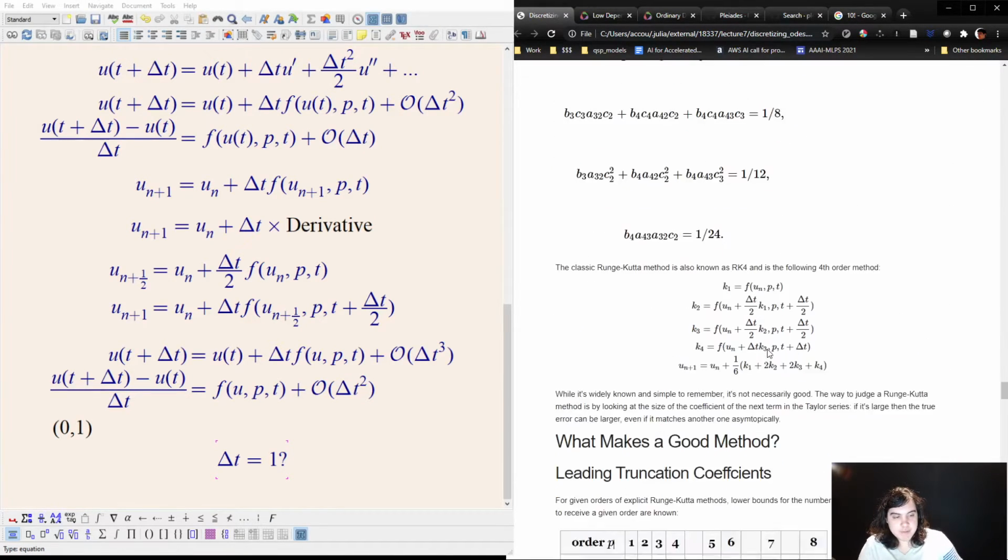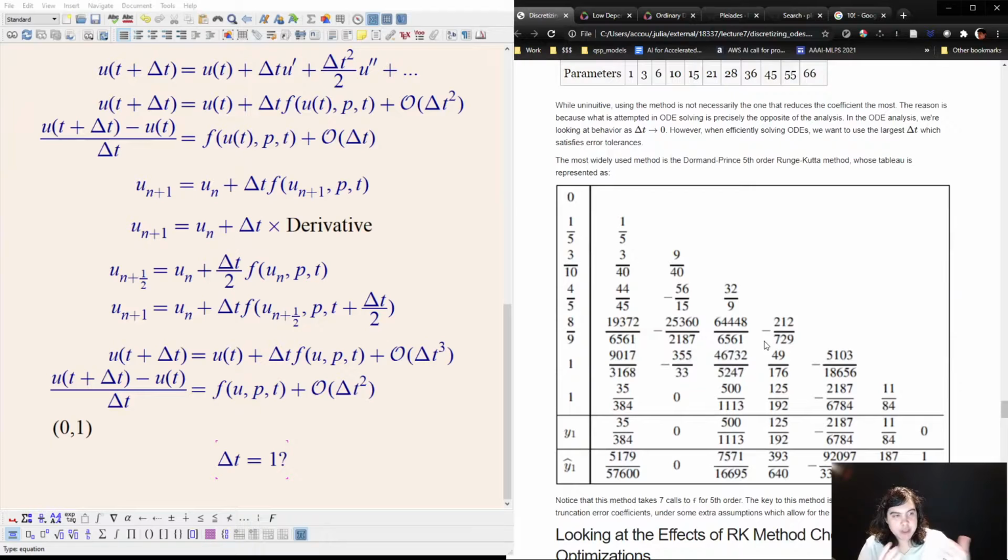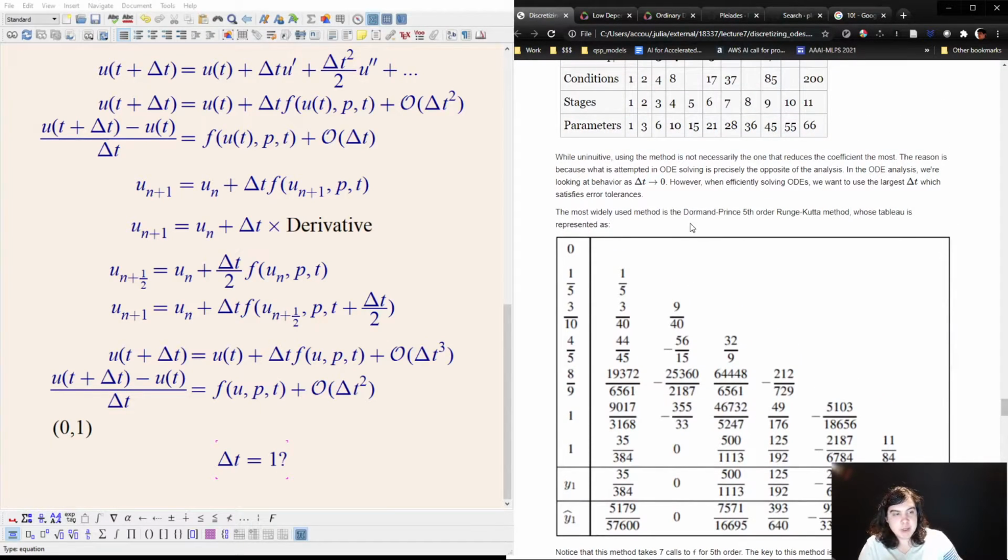So this is where truncation error optimization comes in. And the most widely used method available, so if you ever heard of Dopri, or in Python it's called Dopri, in Matlab it's called ODE45. This is the method, the Dormand-Prince fifth order Runge-Kutta method, which you will implement as part of your homework.